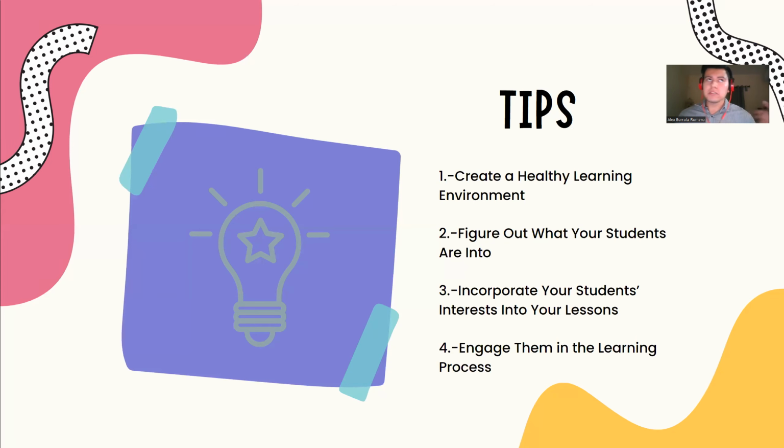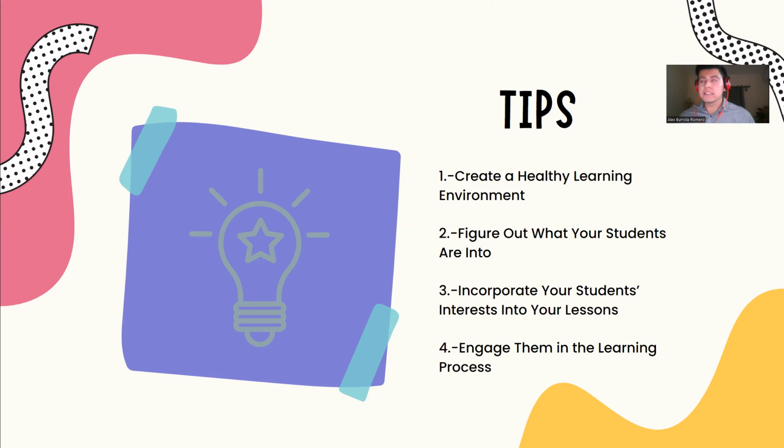This can be about music, artists, movies, cartoons, etc. And then take those interests and put them into your lessons, into your classes, so students feel more attracted, more motivated to work. And number four is to engage them in the learning process.